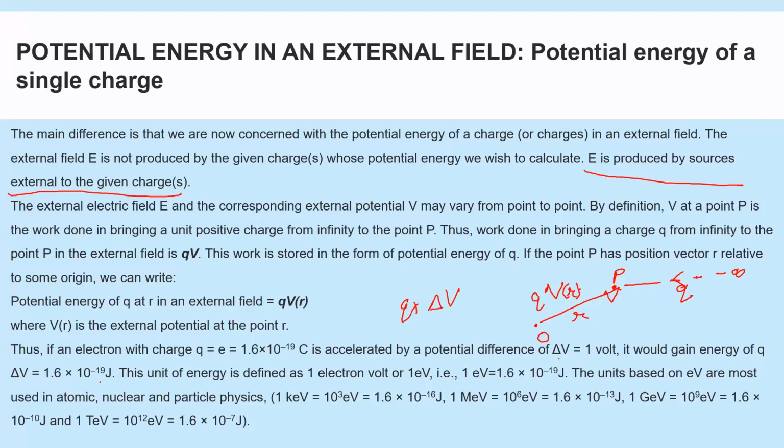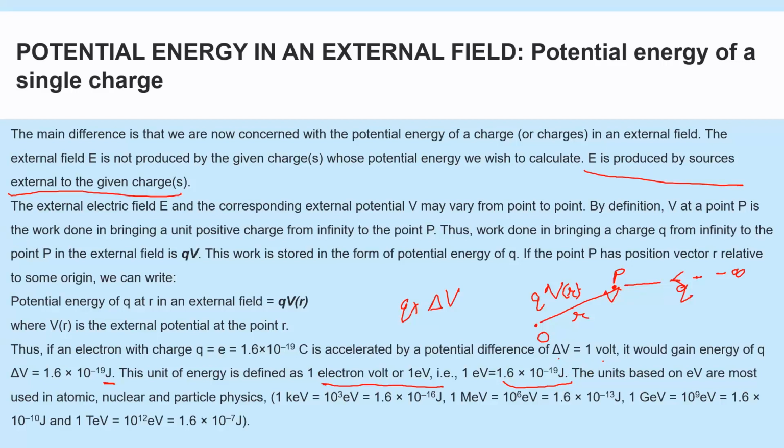Energy is going to be given in the units of joule, and this is the work done. The unit of energy is then defined as the electron volt, or 1 eV. So 1 eV is equal to 1.6 into 10 raised to minus 19 joules.